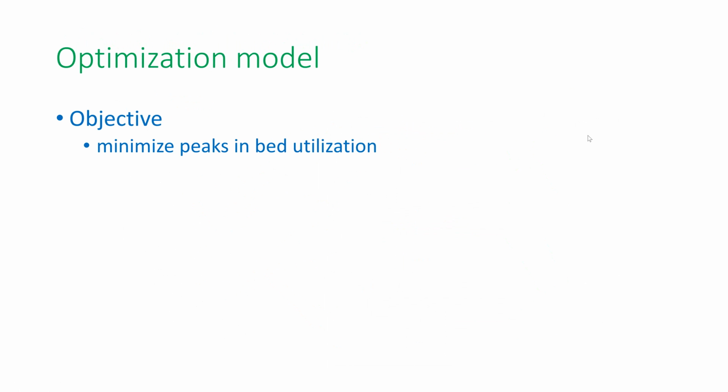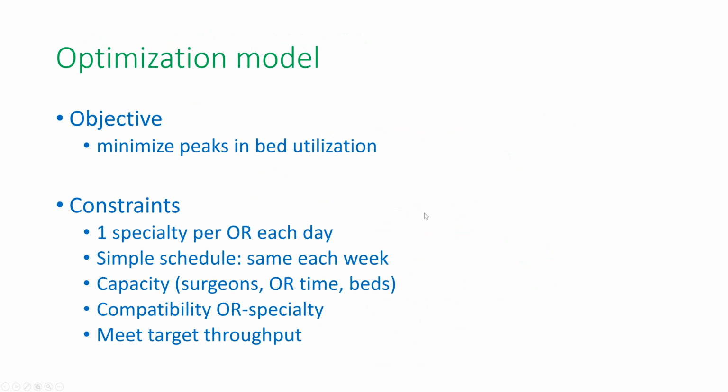And we had the optimization model again. In this case, the objective was minimizing the maximum bed utilization, or we can think of it as minimizing the peaks in bed utilization. And I think this is going to be clear in the next slide or so. And we had constraints such as, each OR block in a day should be one specialty, so specialists cannot share a certain block. And we wanted to have a simple schedule, so we wanted to have the same schedule for at least 4 weeks.